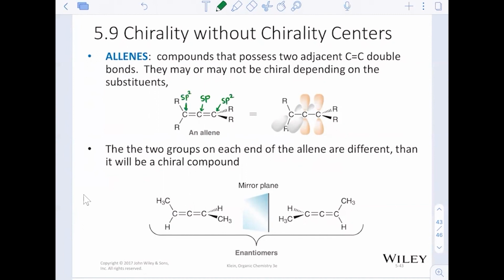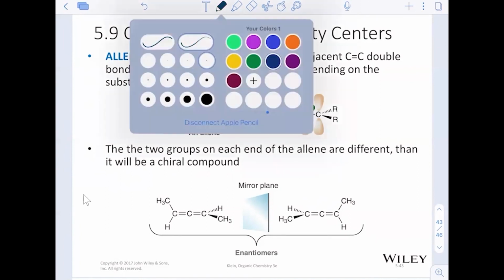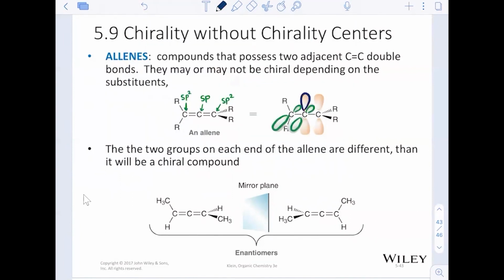Awesome. Okay. And the reason why the R groups are either in plane or wedged and dashed is because of the pi bonds. Now, remember that sp center has to have a pi bond on one X, Y, or Z, and the other pi bond has to be the opposite way, right?